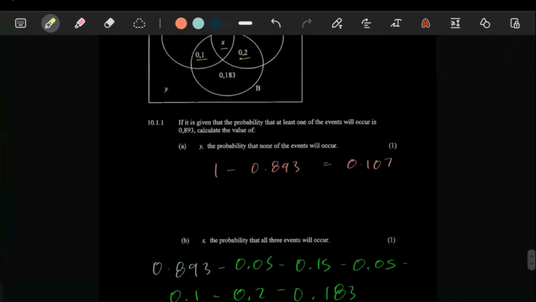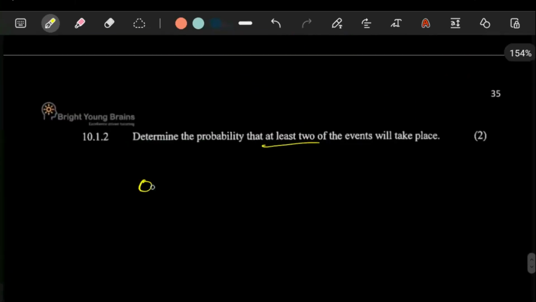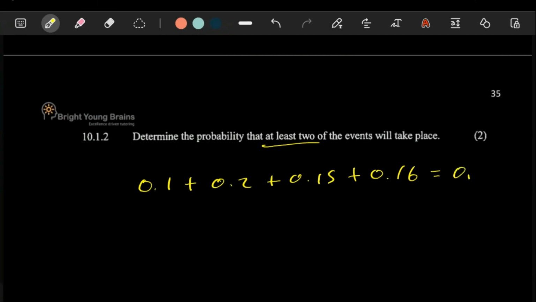So 0.1, 0.2, 0.15 plus 0.16. If you add all these up, this is giving us 0.61. Yes, this is correct. 0.61.